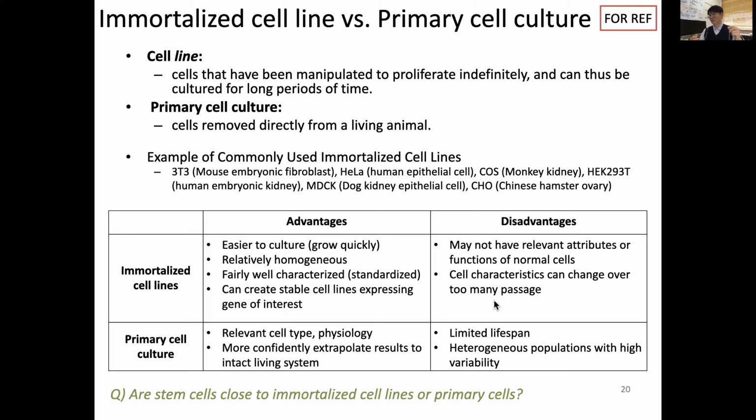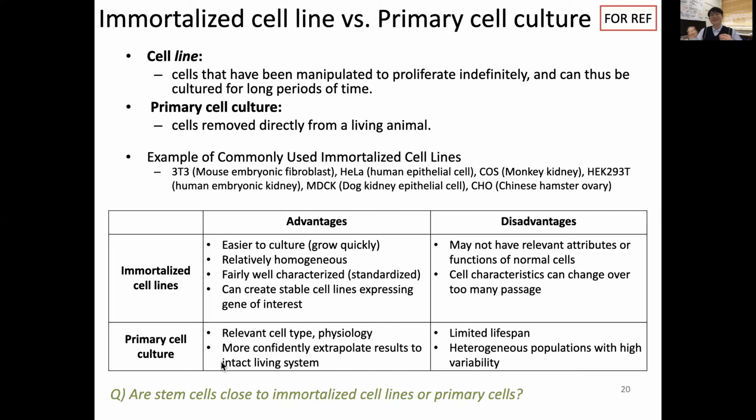So that's possible. So one question we can ask ourselves is, hey, we have learned about stem cells. Are stem cells closer to immortalized cell lines or primary cell culture? Which is an interesting question to ask ourselves. First of all, stem cells usually come from an animal, so in vivo. So it's more like a primary cell.